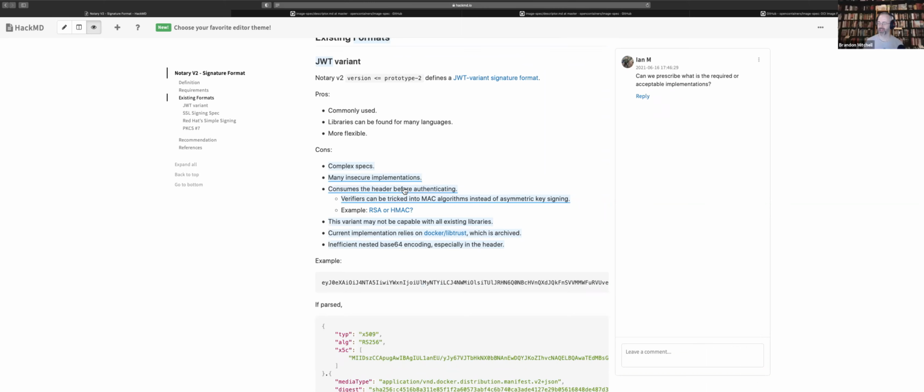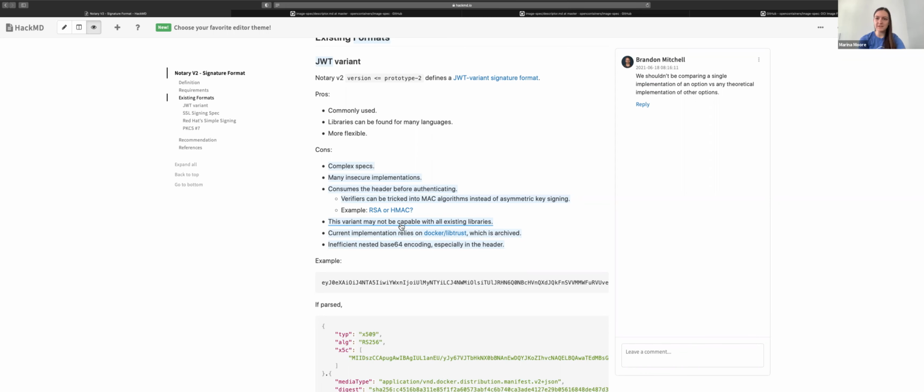So JWT, when we look at that one, I feel like we really quickly pushed against it with a whole lot of cons, where some of them I felt might have been a little unfair on JWT. I think there have been historical vulnerabilities with implementations of JWT.